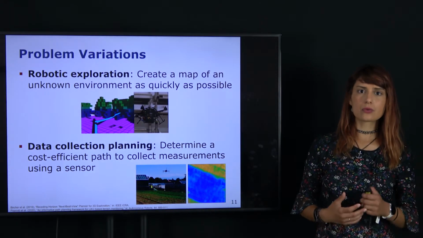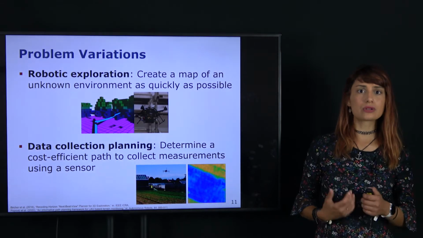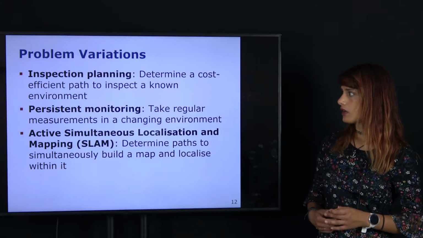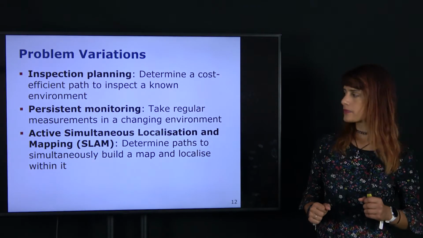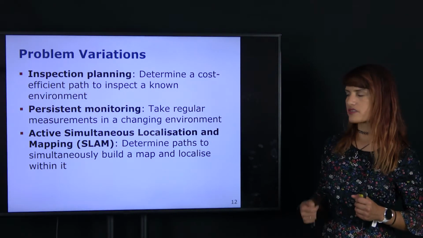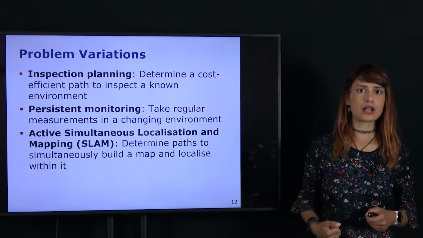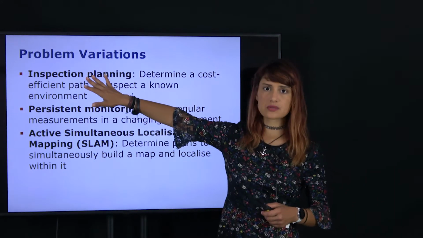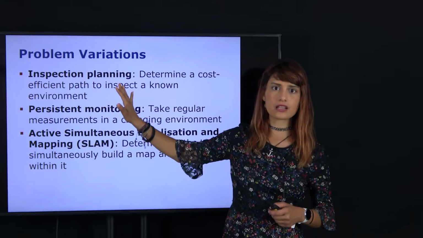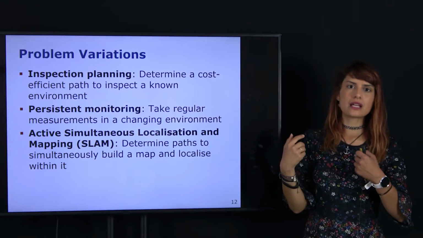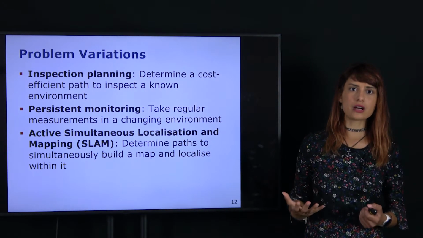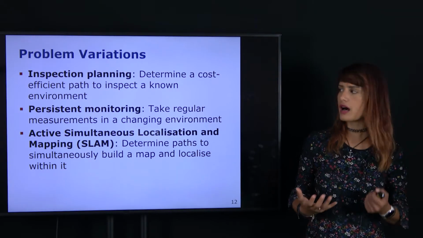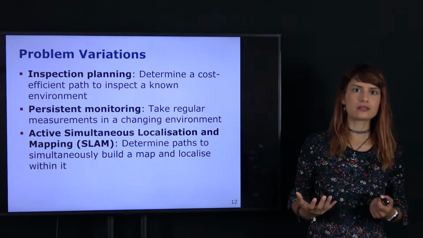Then in literature, we might also see different related problems to these, and sometimes they overlap. So just to become aware of some of the terminology that often arises in this field of study, very related to the exploration problem is the inspection planning problem, which is when we have a known model of an environment and we want to plan a path in order to efficiently inspect it.